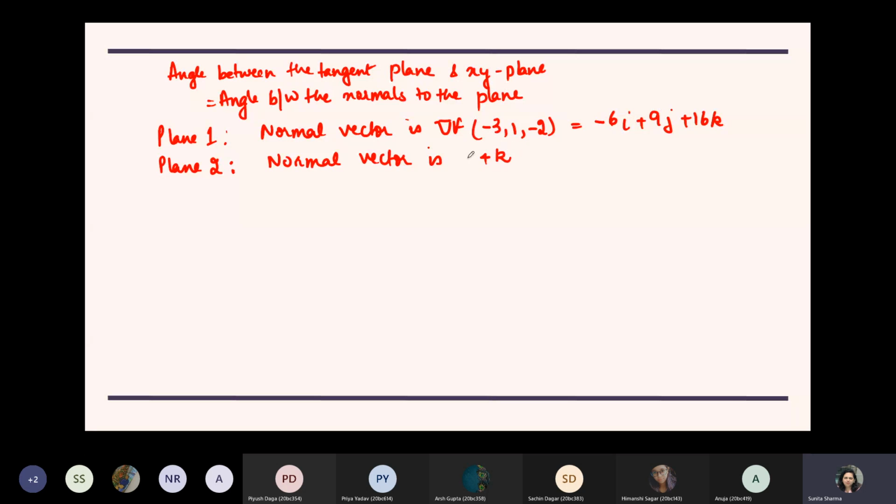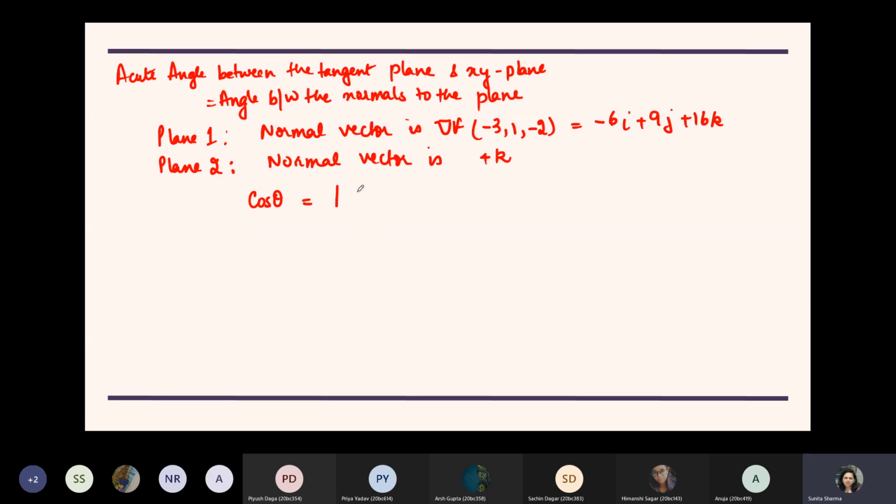Plus k, sorry. Okay, so it is parallel to the z-axis, so we can take the unit vector k along the normal to the plane. So this can be taken as the normal vector. Now we have to find the angle between these two vectors. So cos of theta, using the dot product, is given by the dot product of the two vectors divided by their norms. We take the absolute value because we want the acute angle.